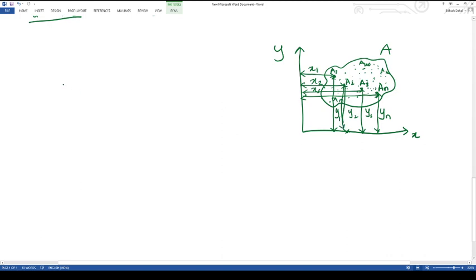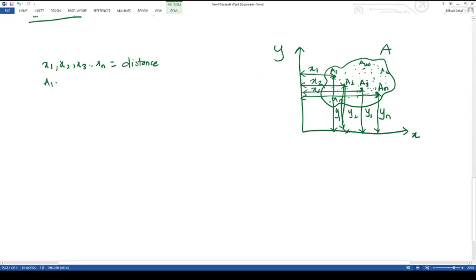Now from here, what you can say is about moment of inertia. What are my x1, x2, x3? My x1, x2, x3, and so on up to xn, is the distance from the centroid of the areas respectively, that is the distance from the y-axis, right?